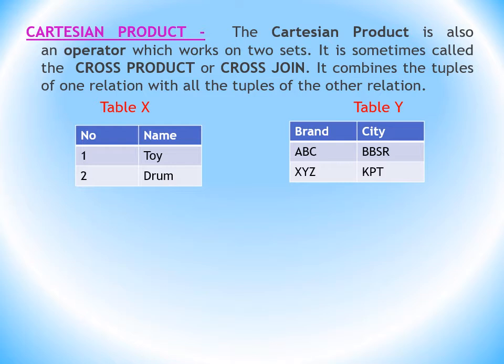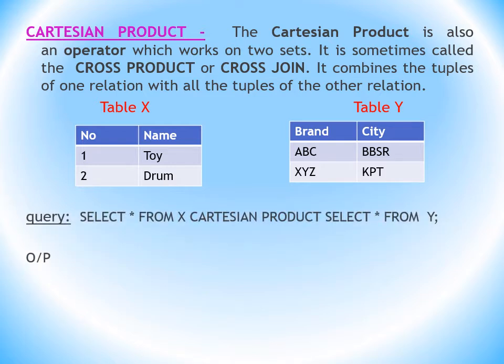So after applying the command select asterisk from X, Cartesian product, select asterisk from Y, each element of the first table is combined with every element of the second table. Likewise, the second element will combine with all elements of the second table.